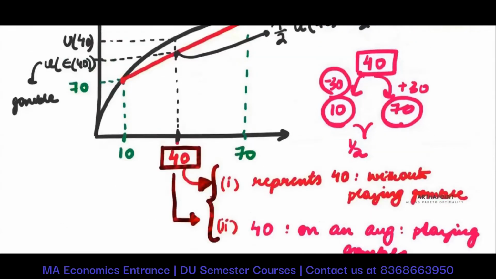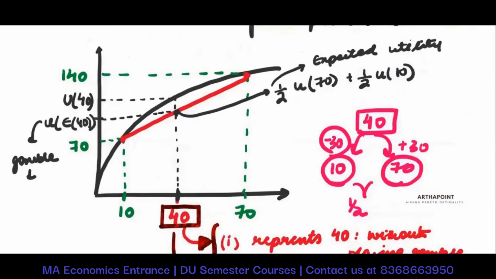So I'm saying this is 105. And let's say, suppose this is given to me in the question that this is 120. I'm just making a fictitious number.